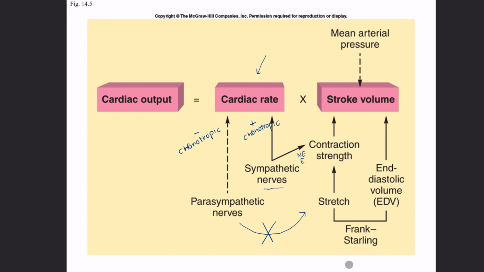We find sympathetic nerves within our muscular walls, and that is going to impact stroke volume. And then we have the intrinsic control of Frank-Starling, and when we have increased stretch from increased diastolic volume, that will in turn increase our stroke volume.